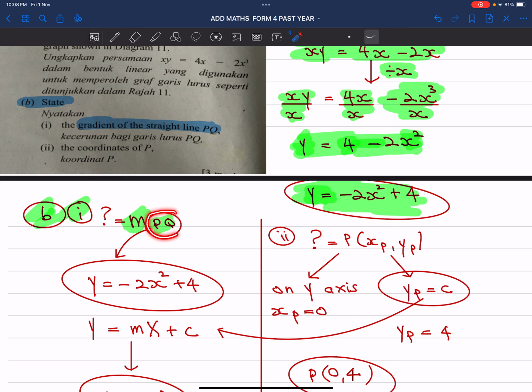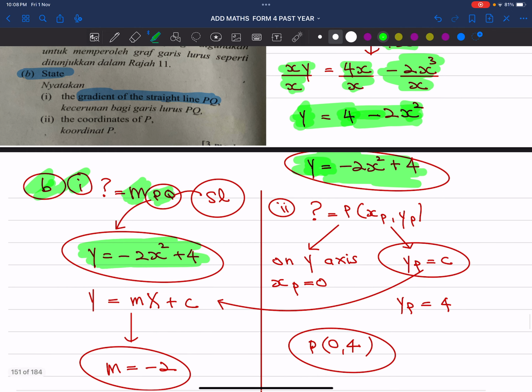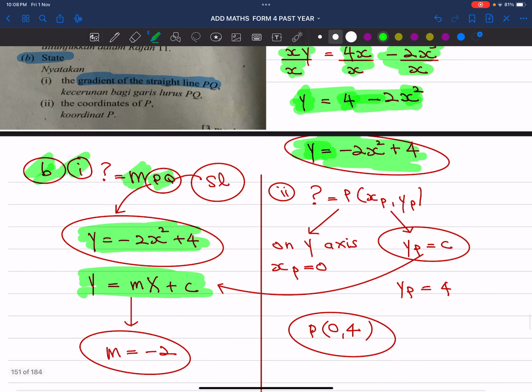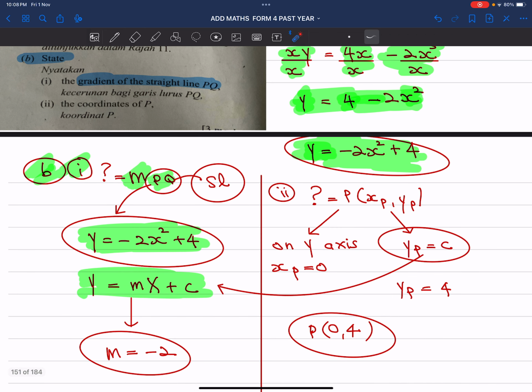Now PQ is of course the straight line, and we already have the equation of the straight line from part A. And if we compare the equation of the straight line with y equals mx plus c, by comparing, we notice that the gradient m is negative 2.